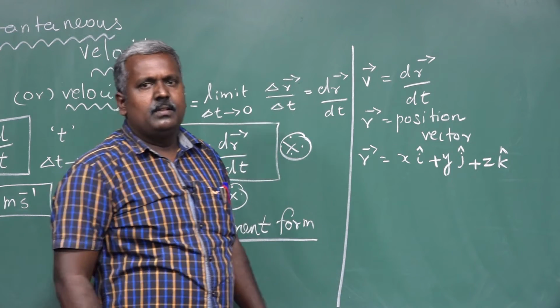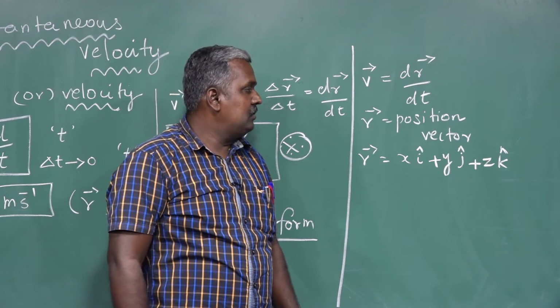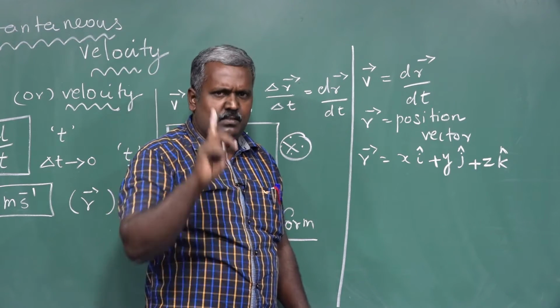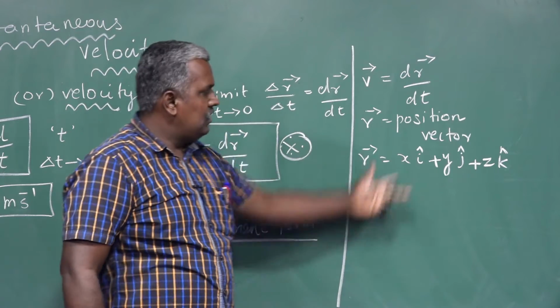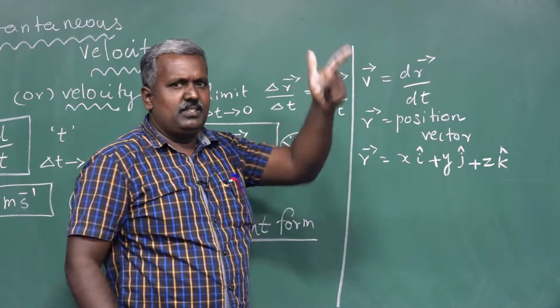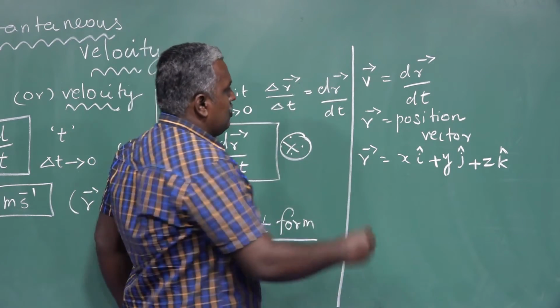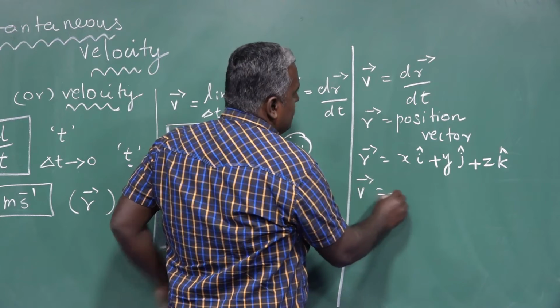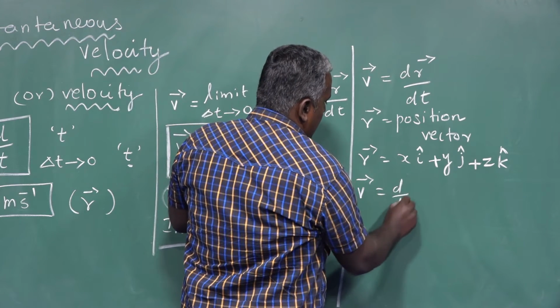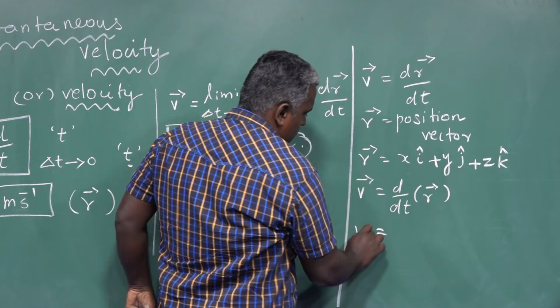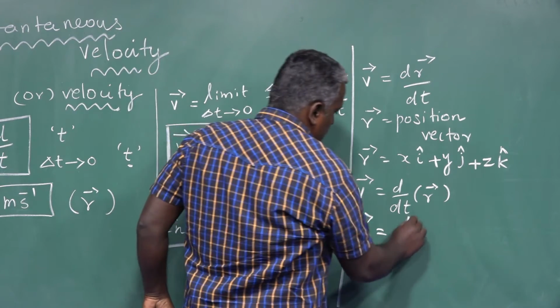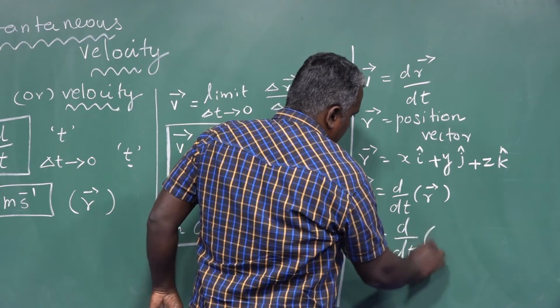Very good. Its magnitude is always 1. So this is the formula for position vector, with 3 axes, x, y and z. So V vector is equal to d by dt of r vector. So V vector is equal to d by dt. What is the r value?